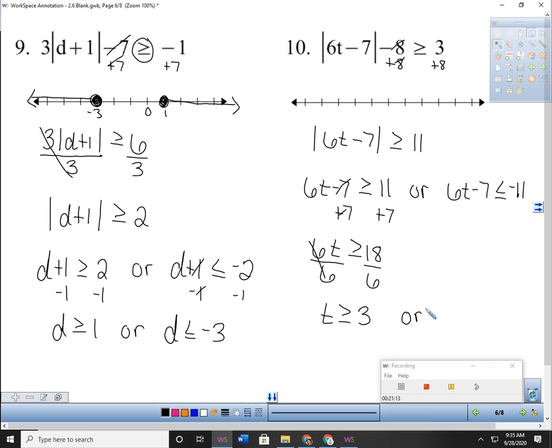Or, same thing over here, add the 7. That gives me 6t is less than or equal to, if I take 7 away from that, that would give me negative 4. Divide by 6.